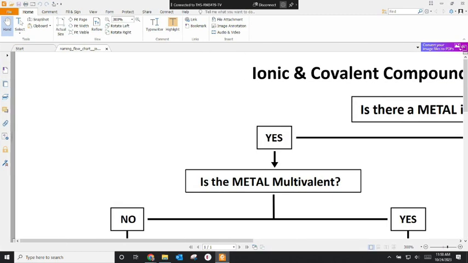Multivalent. All right, this indicates those metals that come in multiple charges.